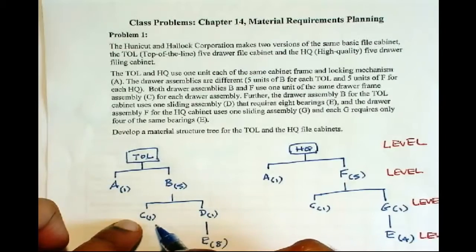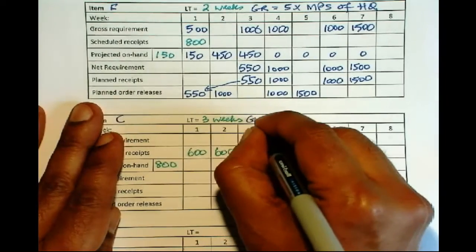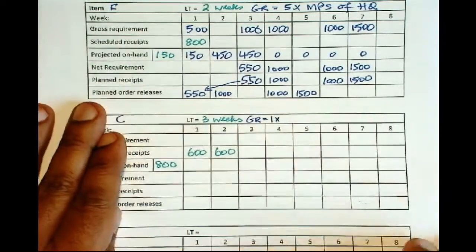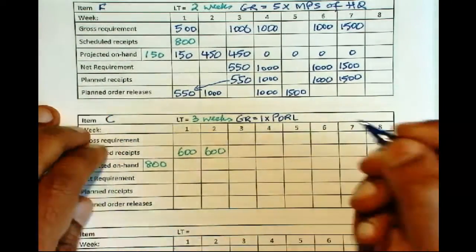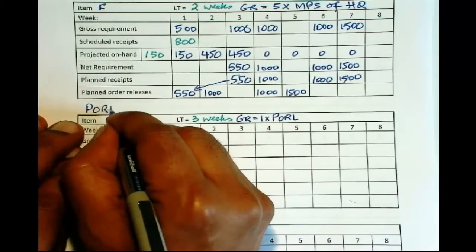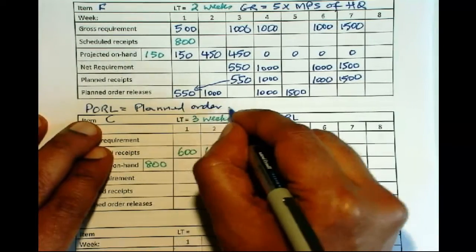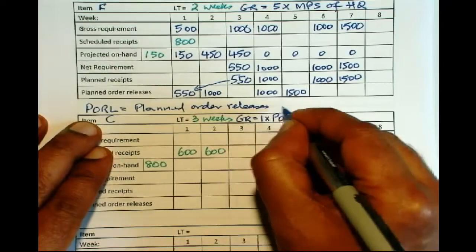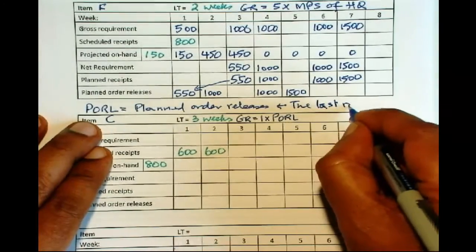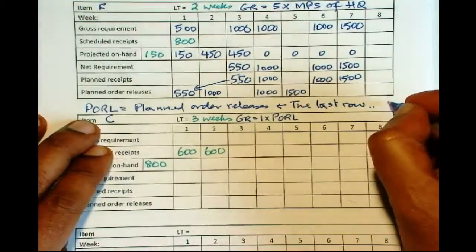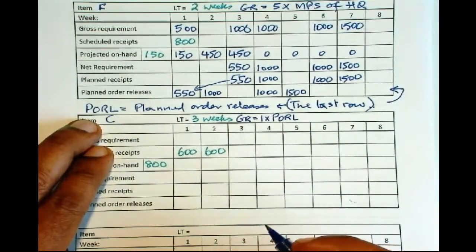So gross requirement is 1 times, I'm going to use this abbreviation, PORL. PORL is planned order releases. That is the last row, not the first row. So this is the last row, and that's extremely important.